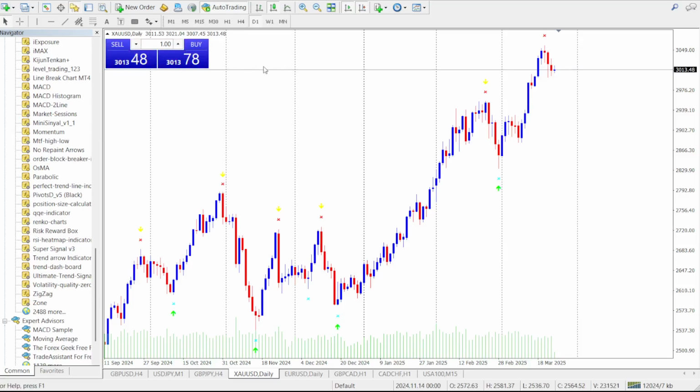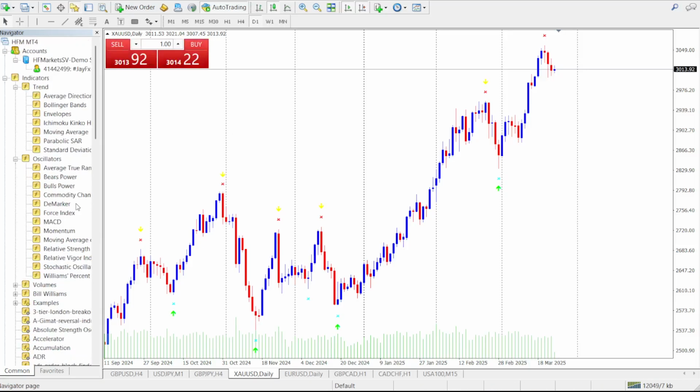And then combine with other indicators. You can use RSI for trend confirmation, for example.